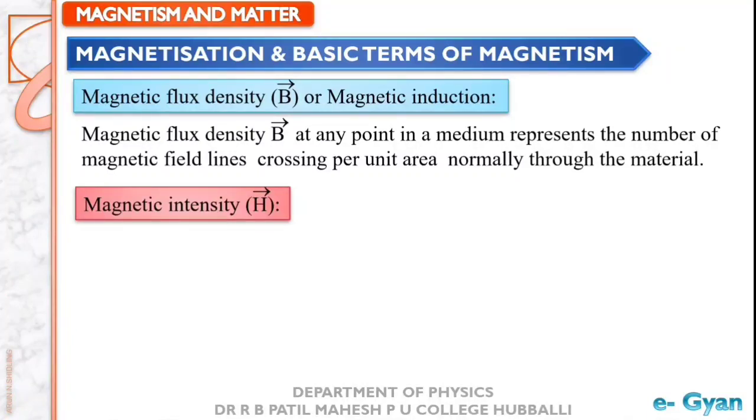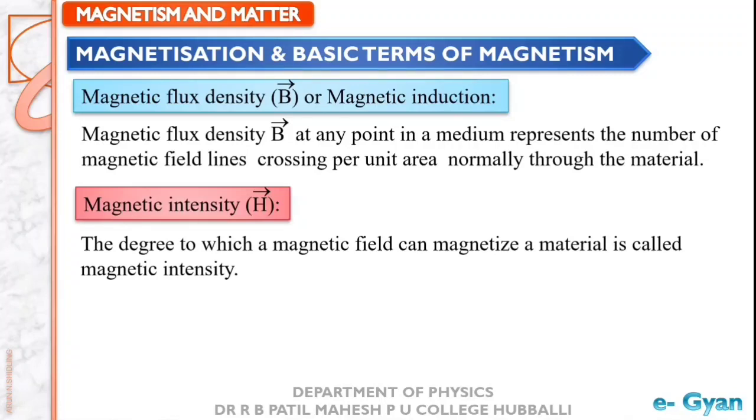The other quantity to be defined is magnetic intensity H. The degree to which a magnetic field can magnetize a material is called magnetic intensity. Magnetic intensity comes from the external field which tries to magnetize a material, and it is given by the formula H equals B divided by mu naught, minus M, where capital M is magnetization.